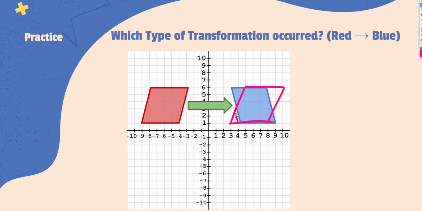But it doesn't have that, so it's not a translation. It's not just being slid over there. It's not really rotating because it's not changing its orientation around a point, but rather it looks like a reflection. It's a mirror image of itself. So this would be a reflection.